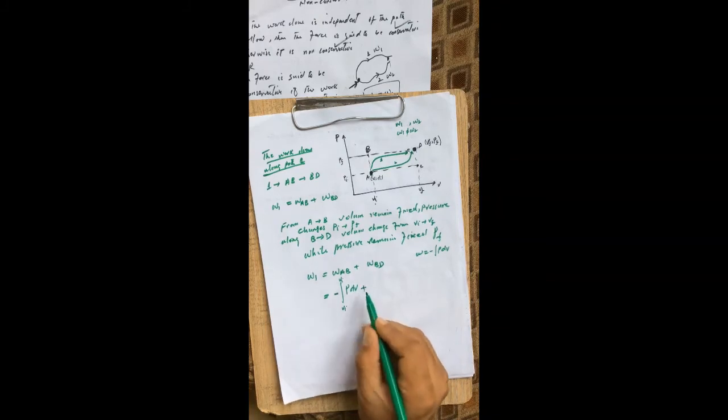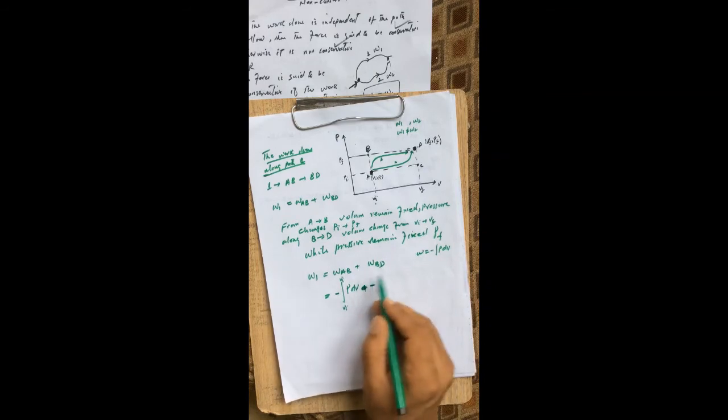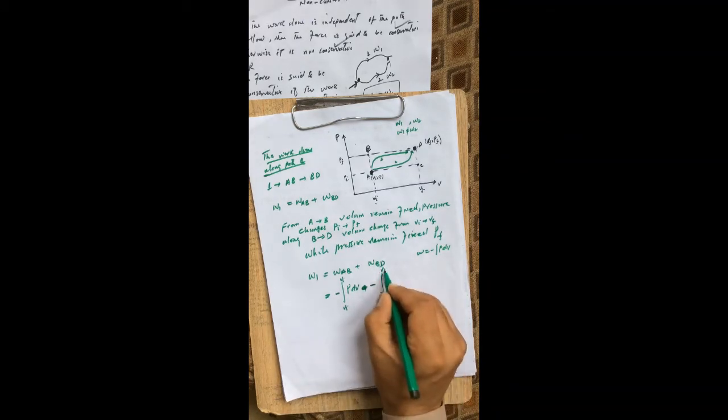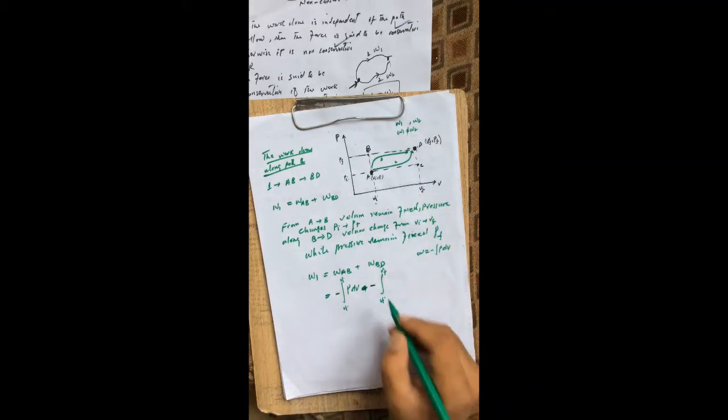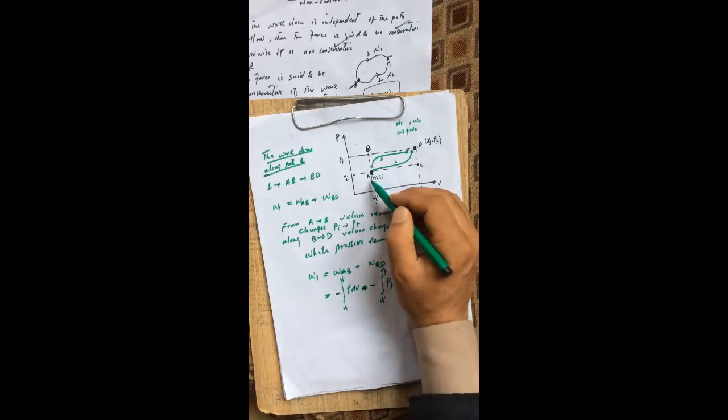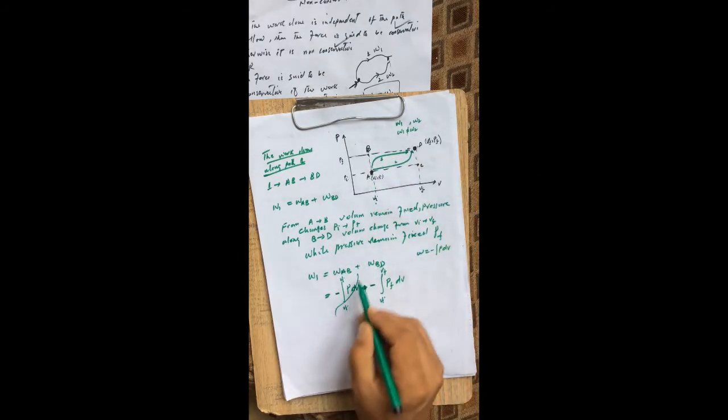Along path AB, the work done will also be like this. So we have a negative sign here also. Along BD the volume is now changing from Vi to Vf. The pressure is fixed and the value of the pressure is Pf. Now along path AB, the volume does not change, so this term will be equal to 0.